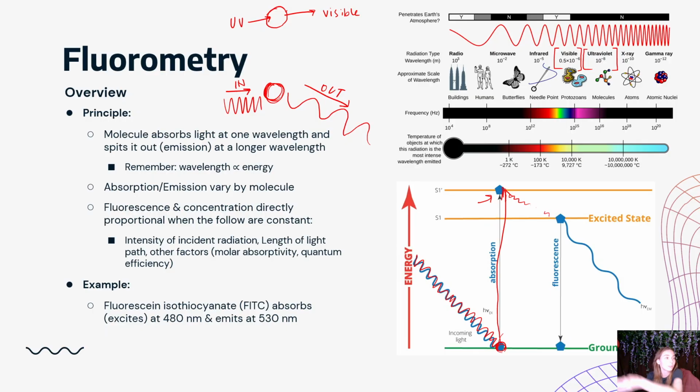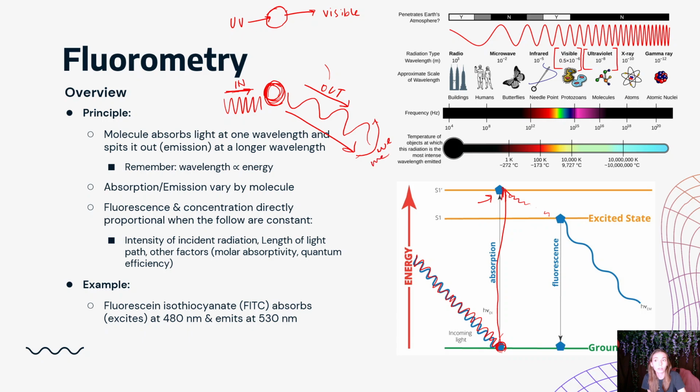We measure the amount of fluorescence. We measure the amount of light that we're spitting out. So in fluorometry, we're not measuring the amount of light that we put in. We're measuring the amount of light that the chromophore spits back out.